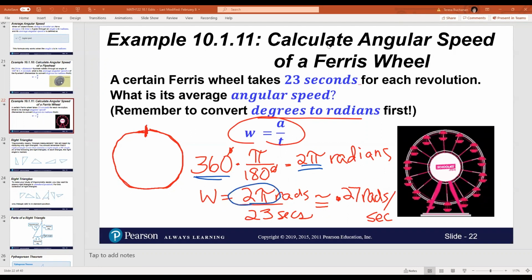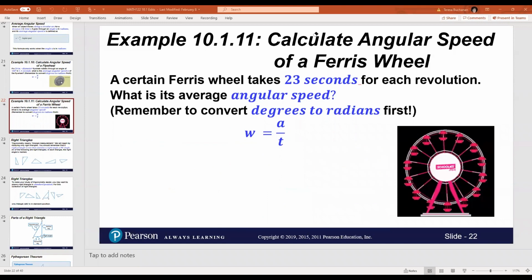The 2 pi radians divided by the time, 23 seconds, would give us the angular speed, about 0.27 radians per second. So as the Ferris wheel is turning, this angle in the middle is changing at a rate of about 0.27 radians per second. Okay, angular speed. Let's do some more.